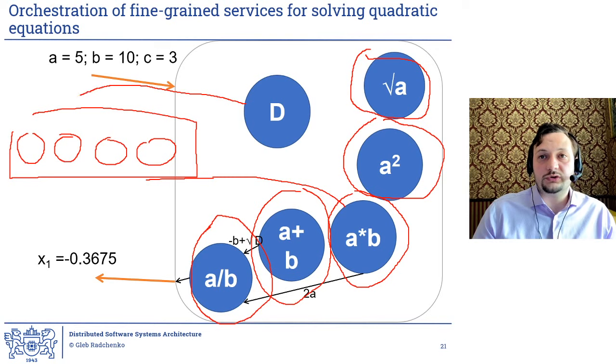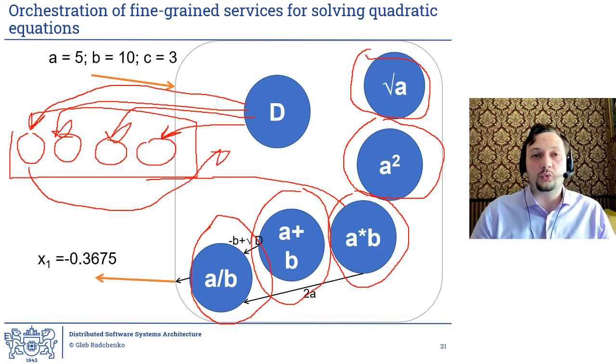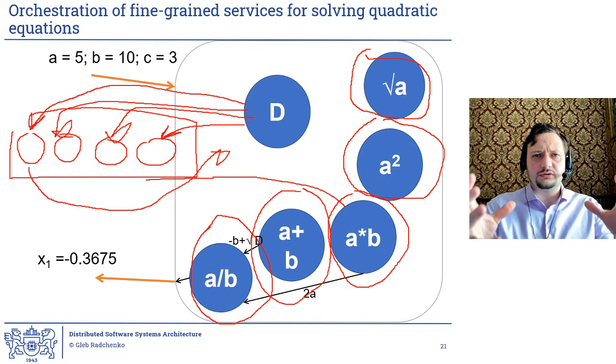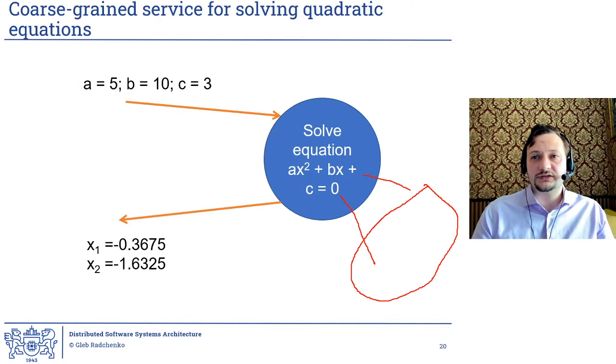The request would be given to one service at a time, so we could scale the functionality of our system using these fine-grained services. But of course, it is much harder to implement this orchestration of independent services compared to the coarse-grained service, which does not need it in this case.